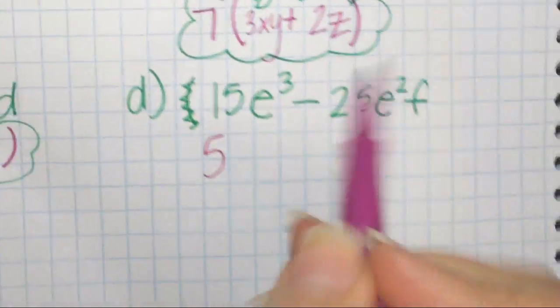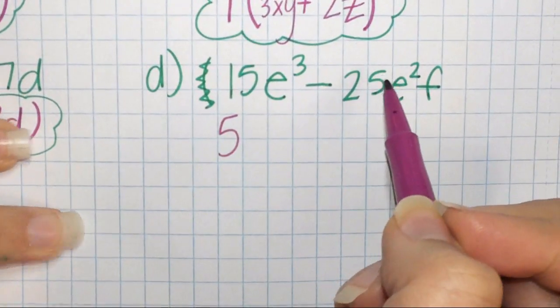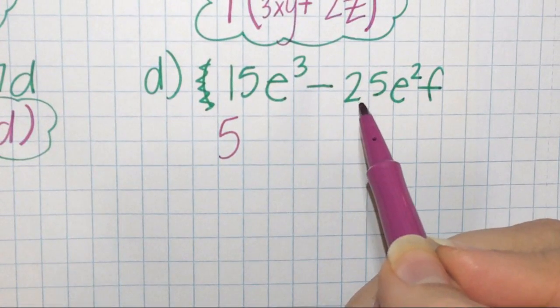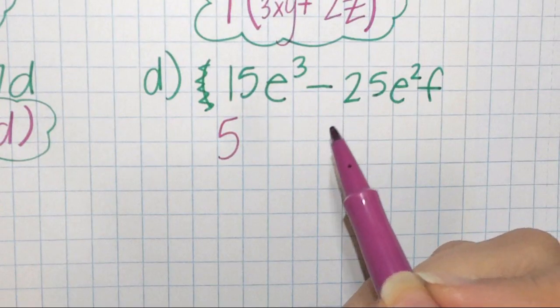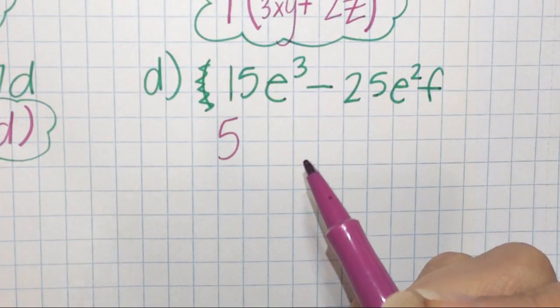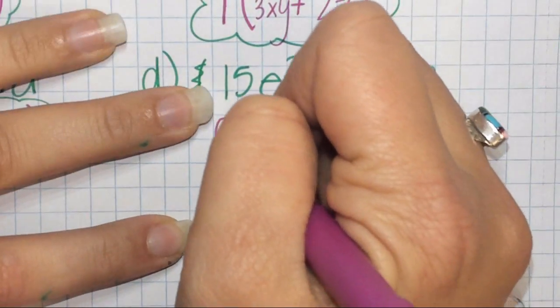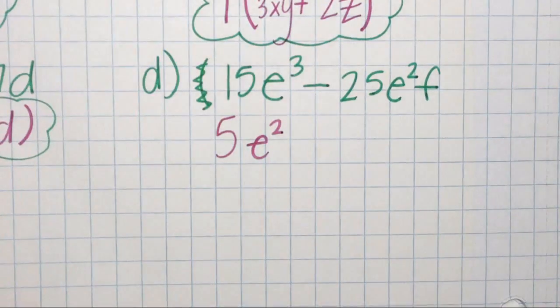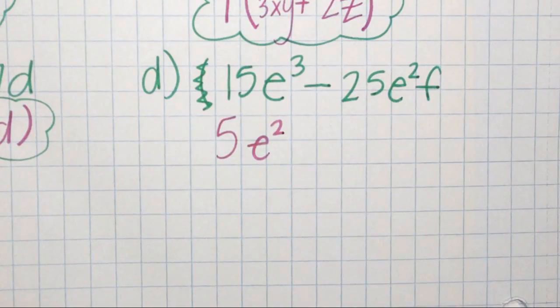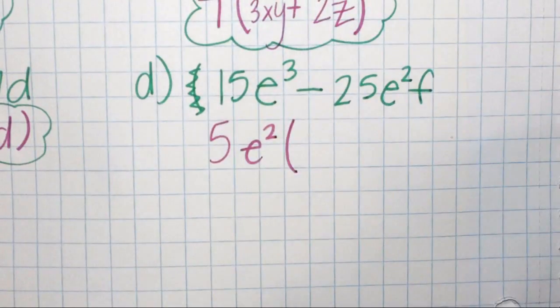So what's smaller, 3 or 2? 2. So you write E squared. Now, we're going to divide both terms by 5E squared.